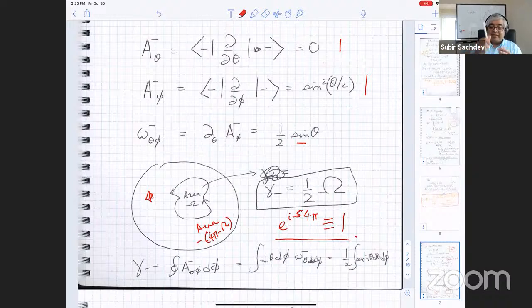And so that's like a magnetic field pointing radially outwards, completely uniform, with a monopole, in this case of strength S or strength 1/2, at the center of the sphere. So the Berry curvature of a spin 1/2 in this space of the orientation of the spin is similar to the physical magnetic field of a magnetic monopole.